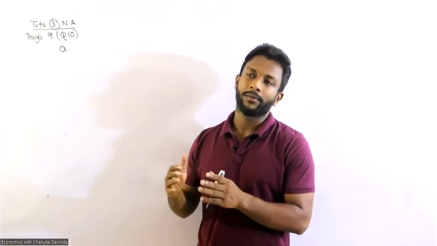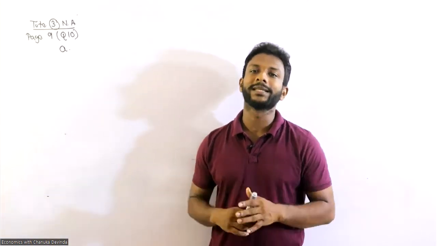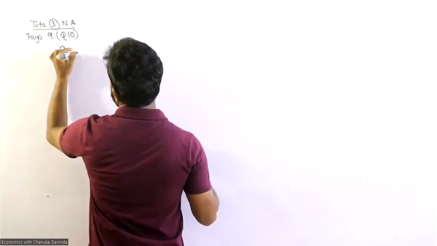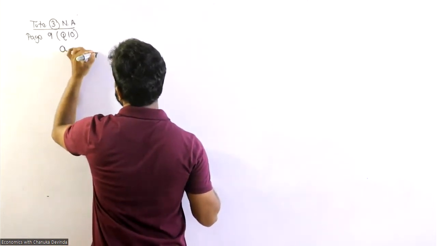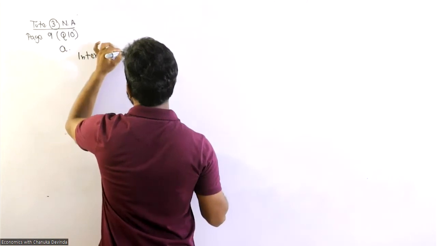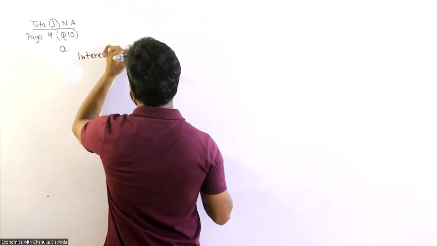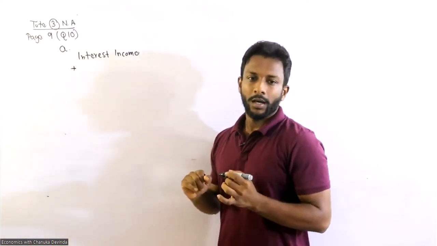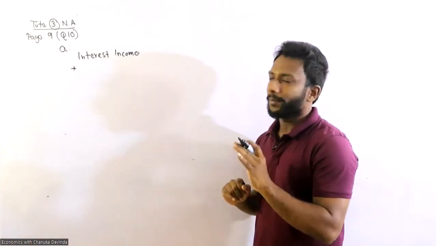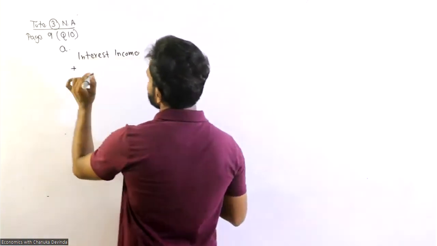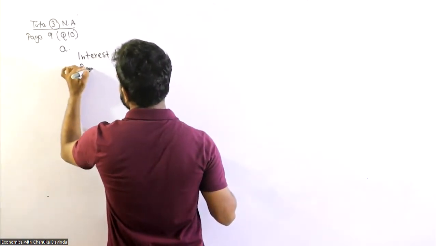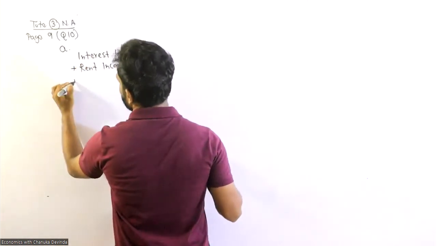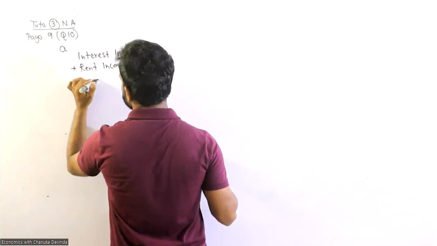So, without mixed income, it should be interest income, and there should also be rent income, plus corporate profit.